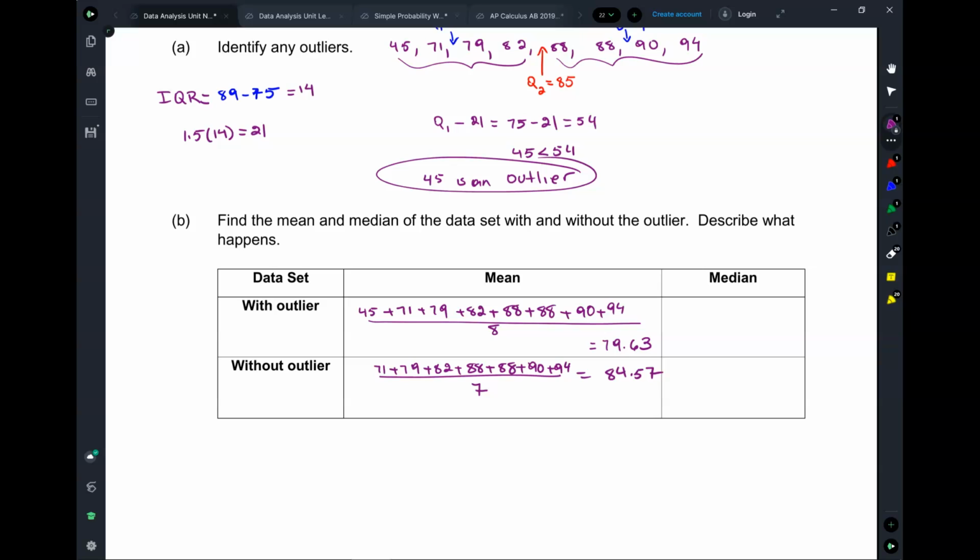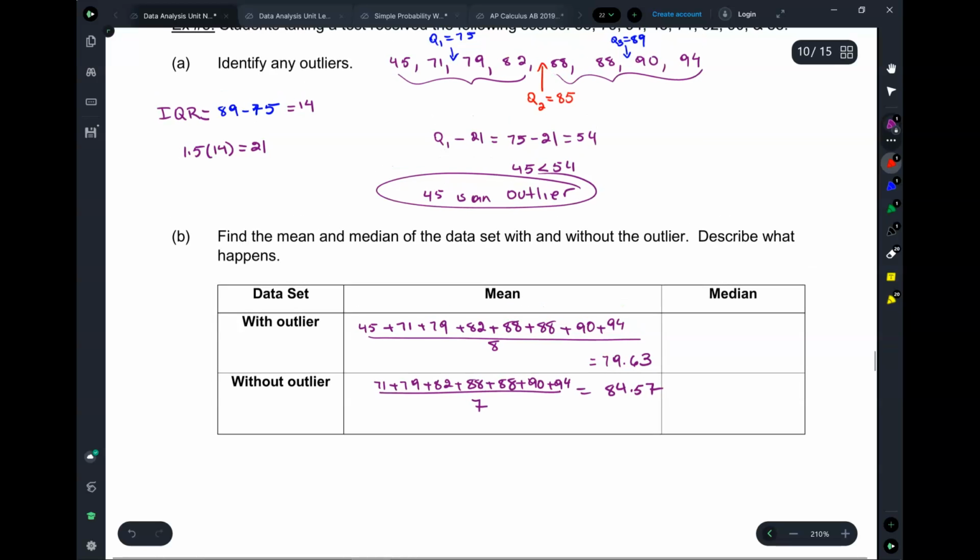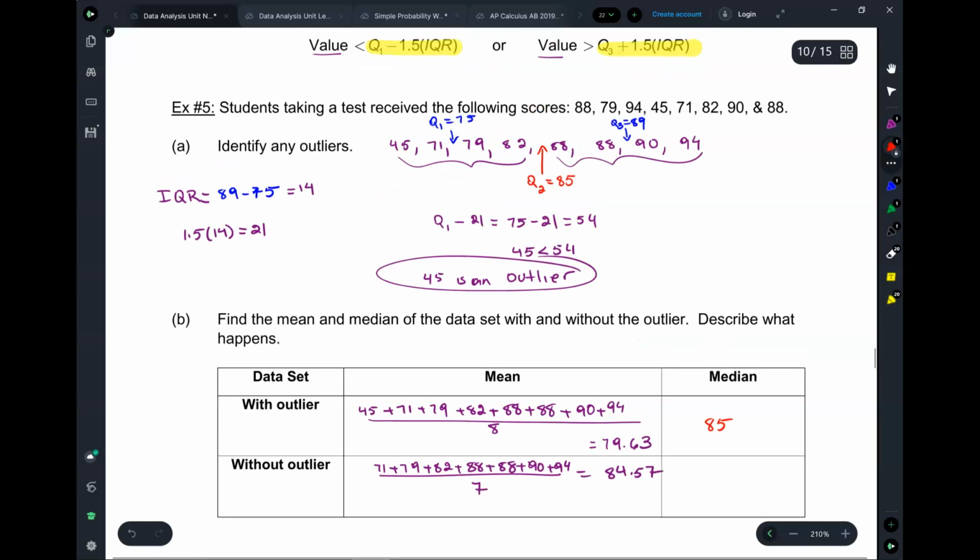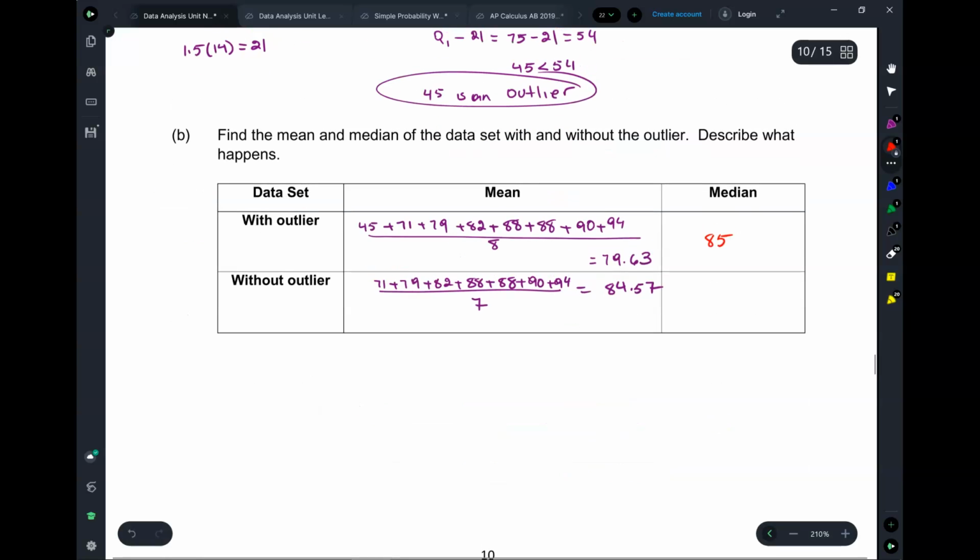What's the median for with outlier? 85. Okay, with the outlier, the median is 85. Now, if I were to take out this one, what would be the median? 88. It would be the center one there.